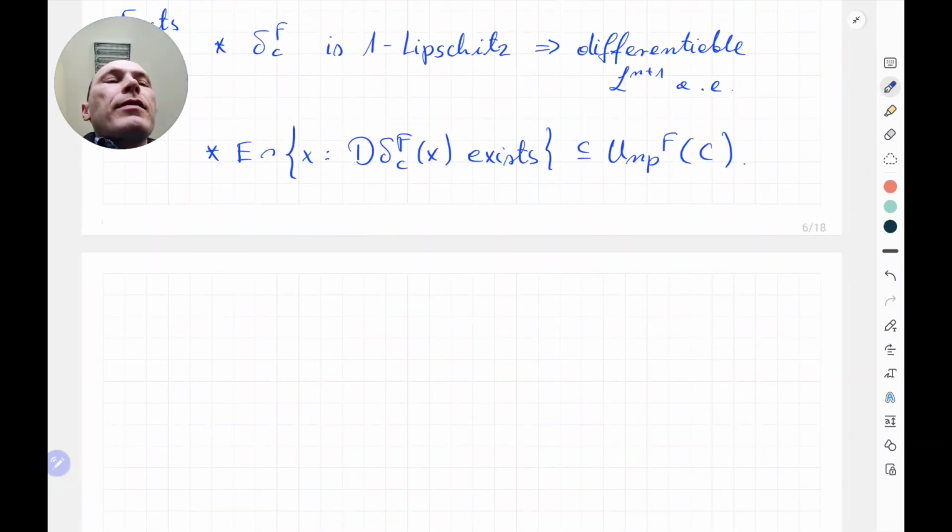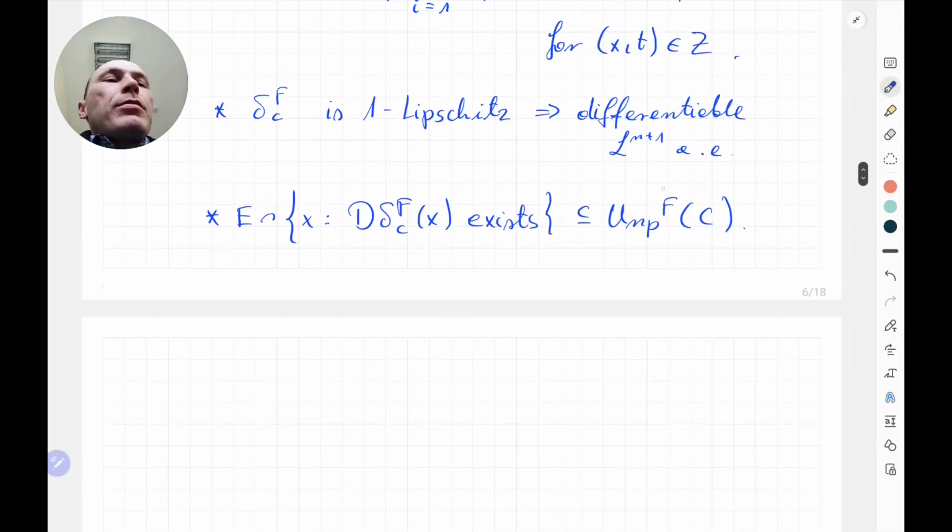As a consequence, we know this function is differentiable almost everywhere, and all points where it is differentiable are in U and P, which means that U and P is actually almost everything.